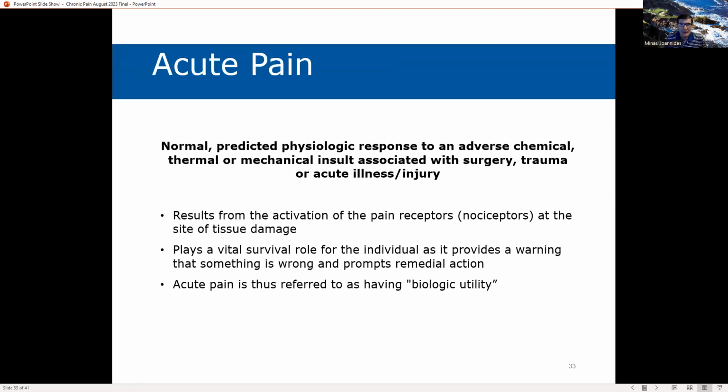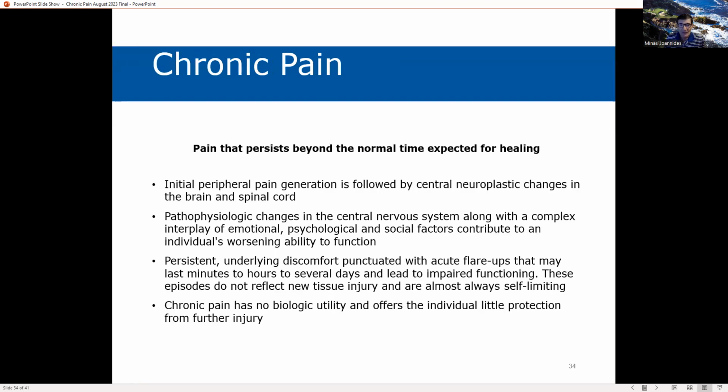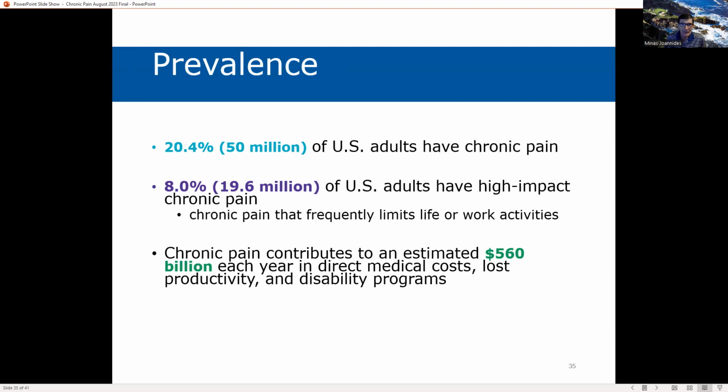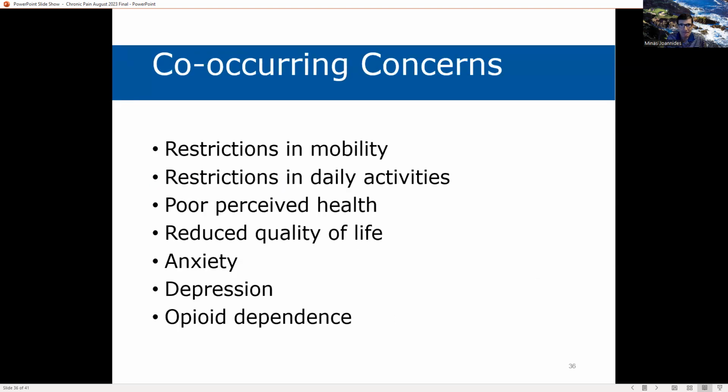And this is the slide I started with at the beginning of the talk, which talked about acute pain having biologic utility, or it's useful. Chronic pain, which we talked about, does not provide any biologic utility. The prevalence of chronic pain in the US, and it's not just the US, but other places have issues with chronic pain and medications that are used or overused or abused to treat chronic pain.